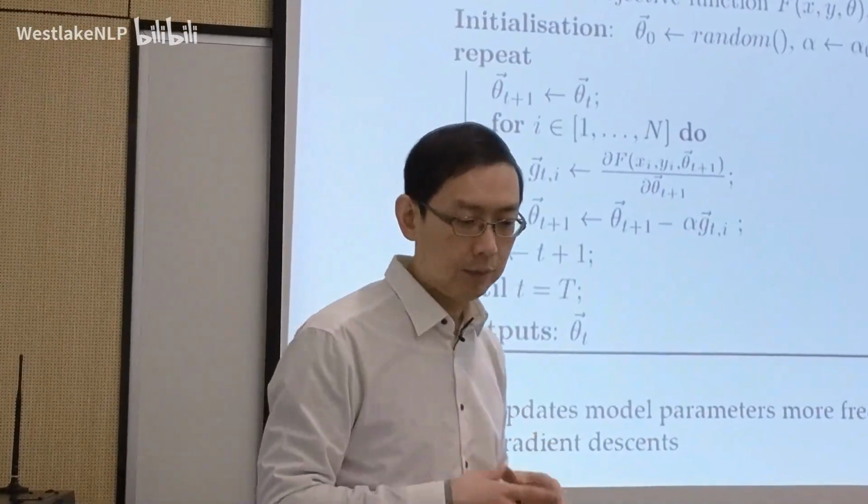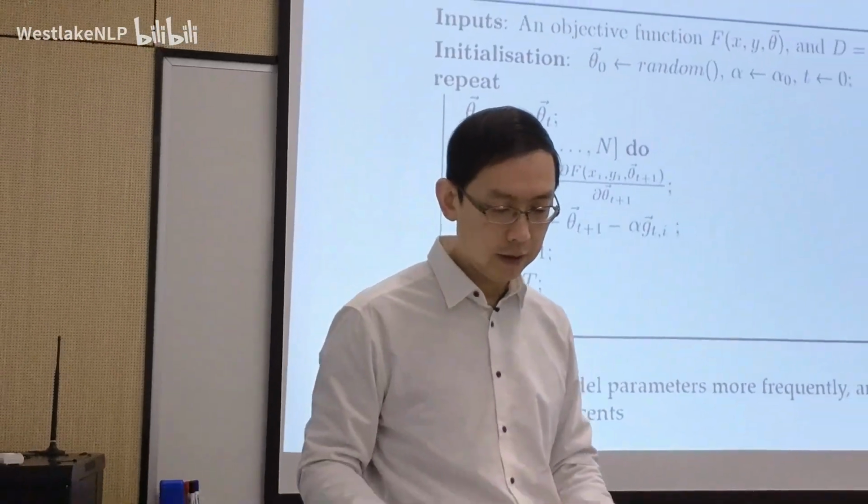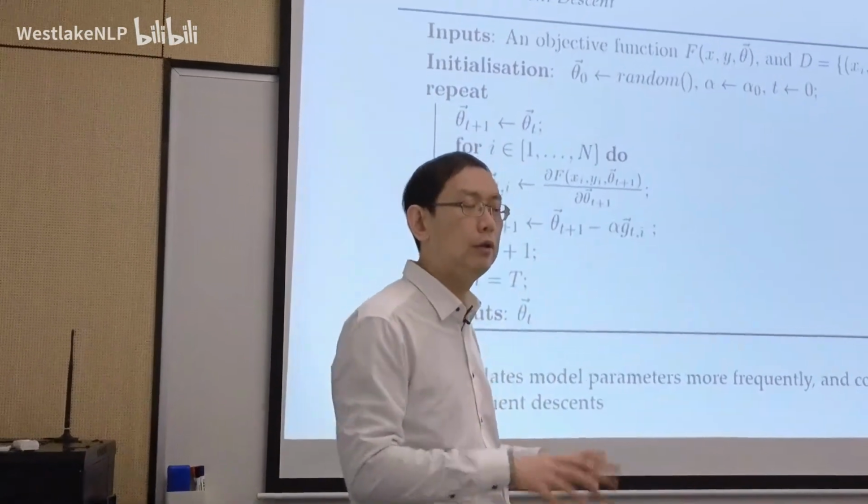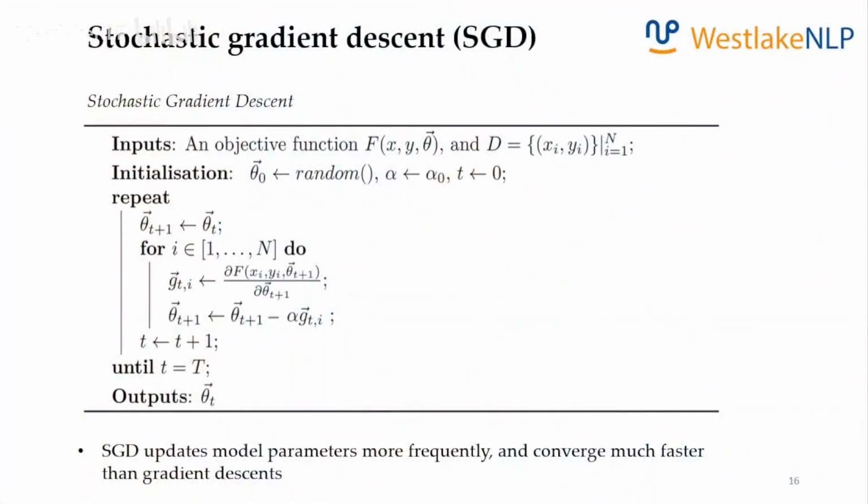So let me recap. What does stochastic gradient descent do? When you train a binary log linear model, you randomly initialize your theta, and you go over your training instances multiple times. For every positive training instance, you add a proportion of your feature vector to your model parameter vector, and you're done.